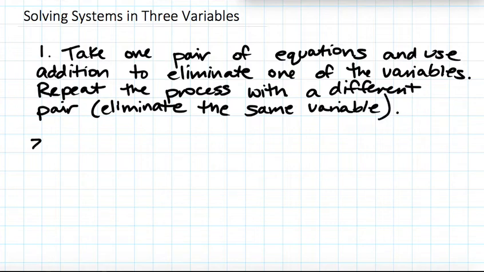Once you do that, you're going to get 2 equations, each with 2 variables. Then you put those 2 equations together and use addition. So you're going to use addition a total of 3 times.